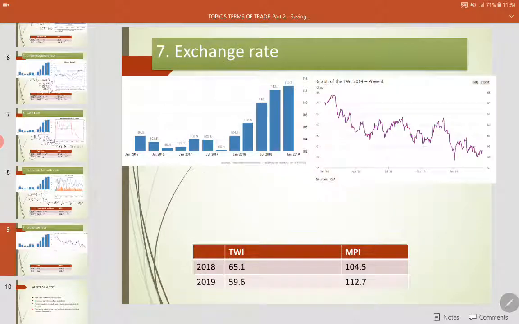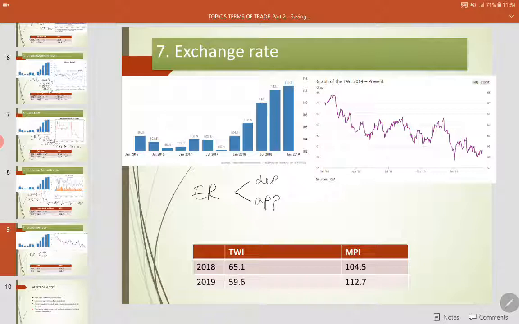Your last part is exchange rate. How do we connect the relationship with exchange rate? You can look at it in two ways: depreciation or appreciation.